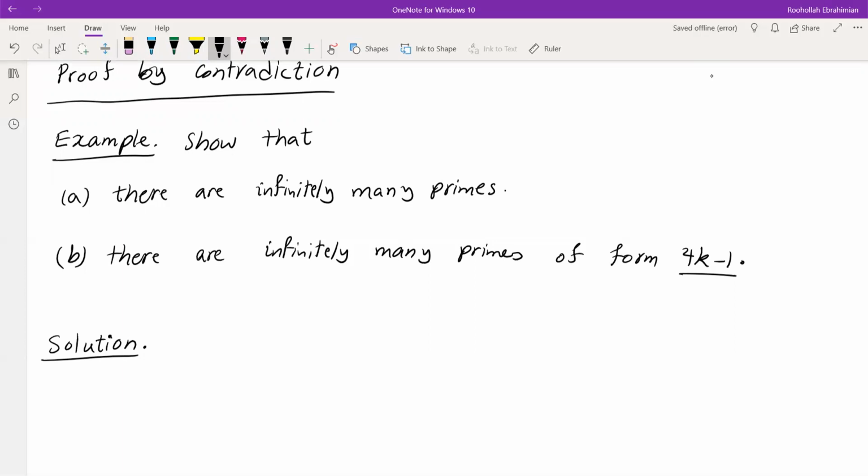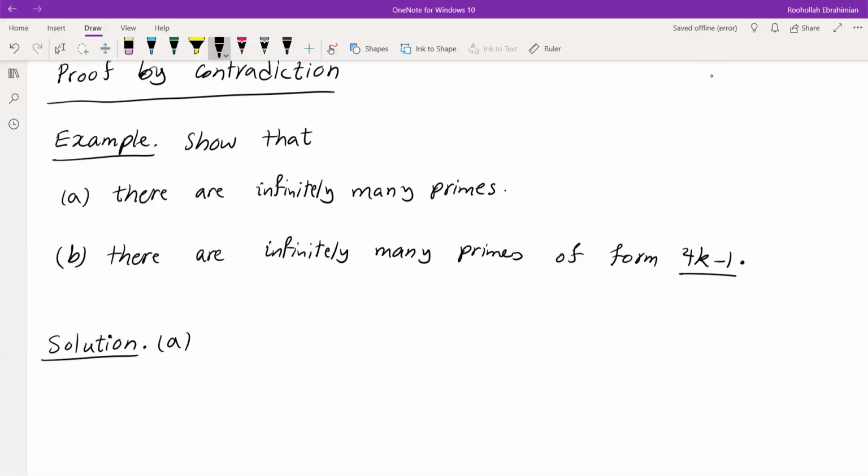The second method is to say, let's see what happens if there are only finitely many of them, and deduce that that's impossible. So basically get a contradiction, get something that is false, and then that means that the initial assumption that there were only finitely many of them is not valid. That's the idea of proof by contradiction.